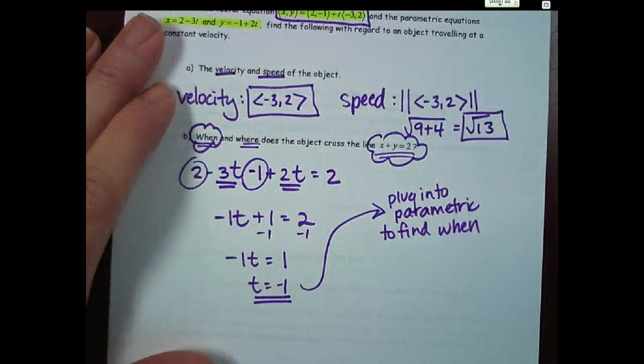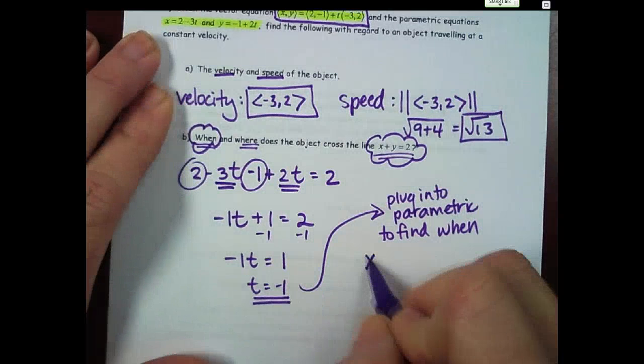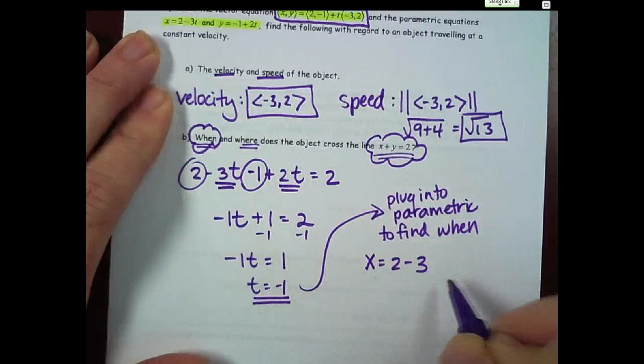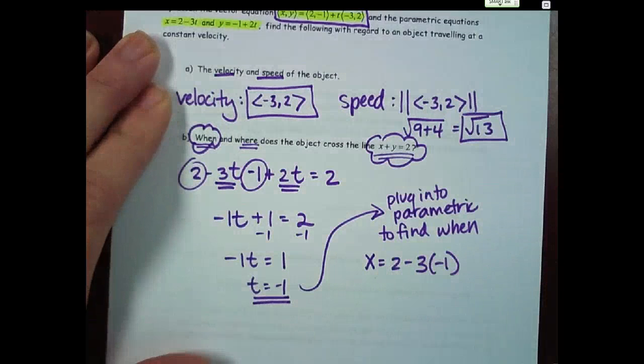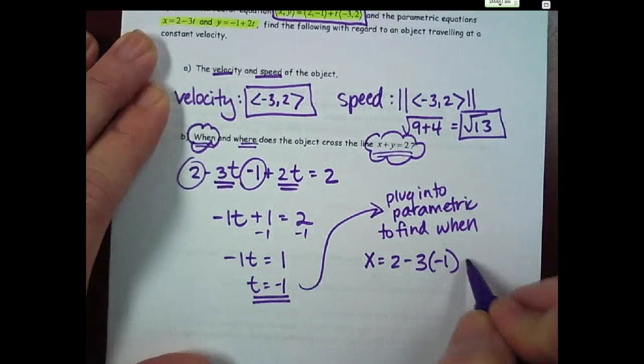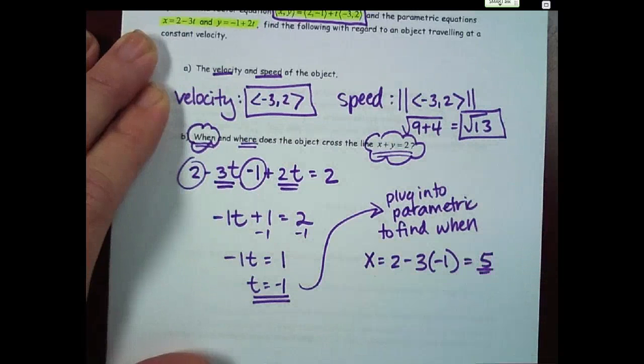Your parametric equations say x equals 2 minus 3 times my time. My time is -1. So my new x starts at 2, and I make a jump of -3 times -1 time. In other words, backwards, right? That means it's going to put me at a location of 5. So x is 5.